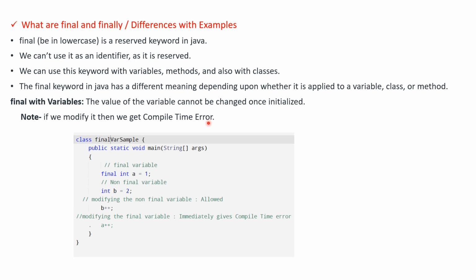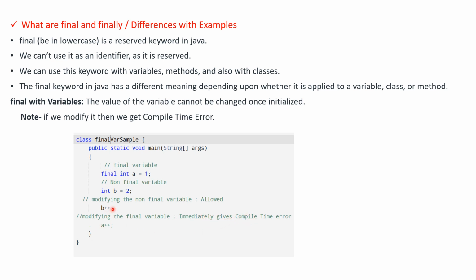For example, class FinalVariableSample, public static void main. I'm declaring a variable with the keyword final, final int a = 1, and one more variable which is non-final, int b = 2. Modifying the non-final variable, b++, just increasing it, is allowed. And when I try to modify the final variable which I declared with the final keyword, immediately it gives the compile time error.